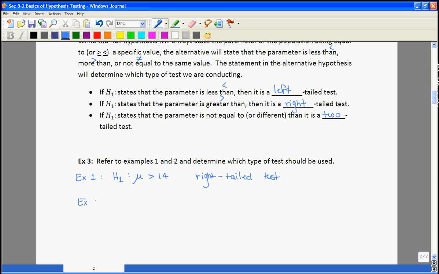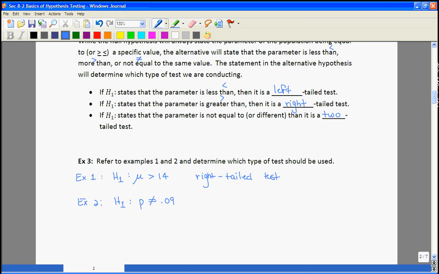In example 2, we were talking about the proportion of accidents due to texting, which I hope none of you are doing. And the alternative stated was that the proportion was not equal to 0.09. So remember, we didn't have a direction specified. We couldn't say whether it was greater than 9%, less than 9%.